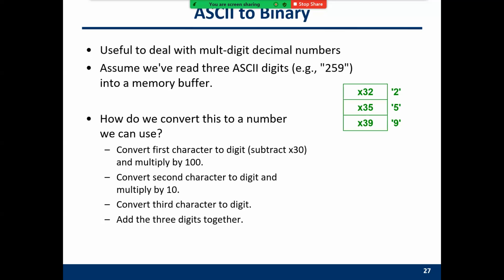First, we need to convert this value to its binary form and then multiply by 100. And then we need to convert this number to binary 5, and then multiply this by 10.